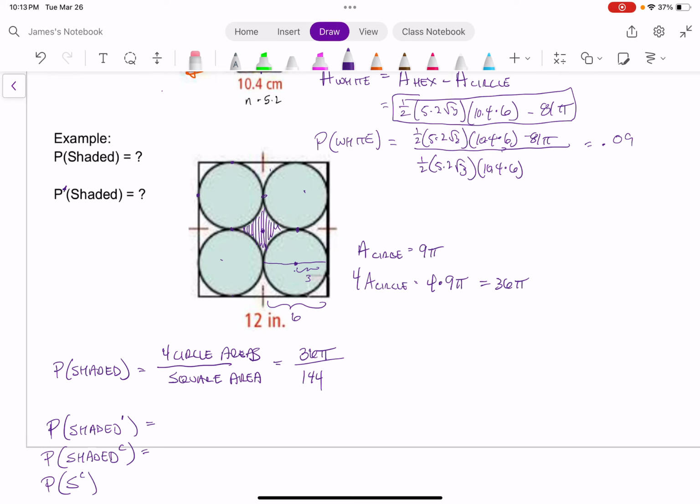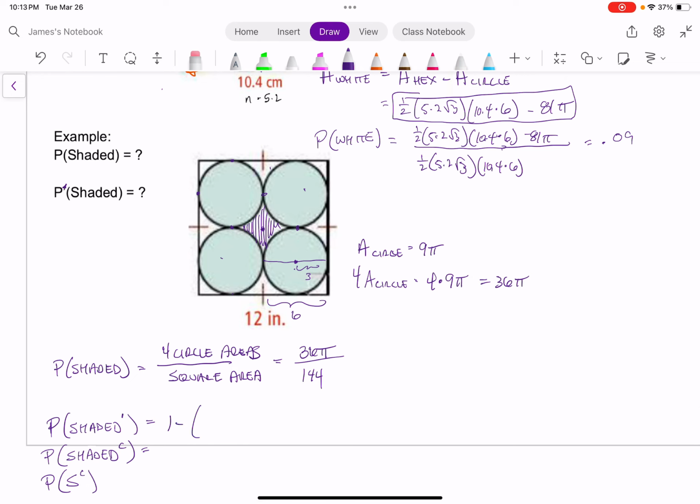What's everything else? Well, we could go 1 minus 36 pi over 144. Okay, or we could do the probability of the non-shaded would be the white area divided by the area of the square.